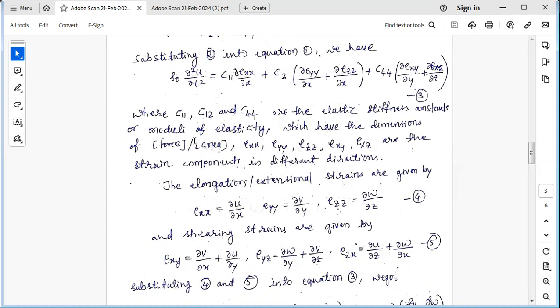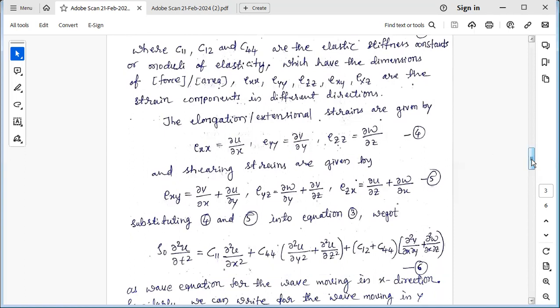Strain is a non-dimensional quantity, but stress is a dimensional quantity whose dimensions are force per area. That is why these C11, C12 have the dimensions force by area. And these are all the strain components.